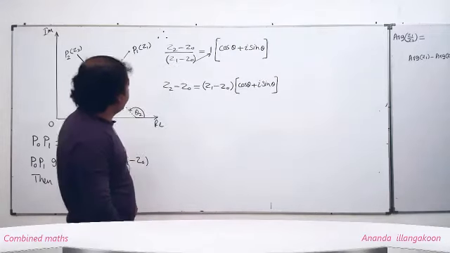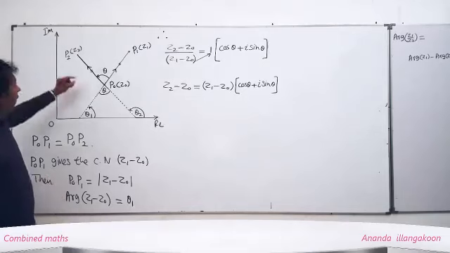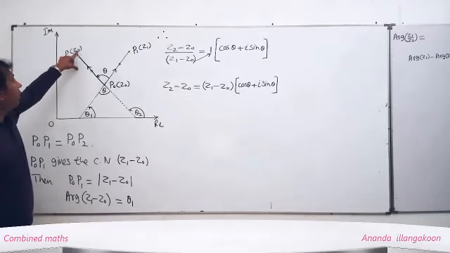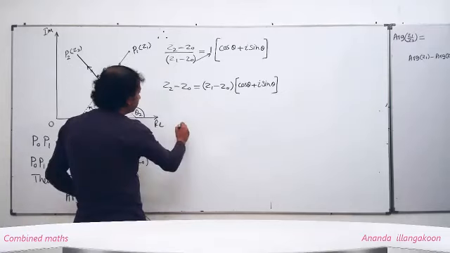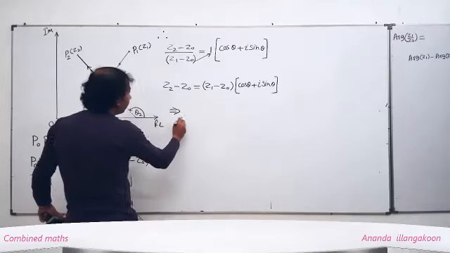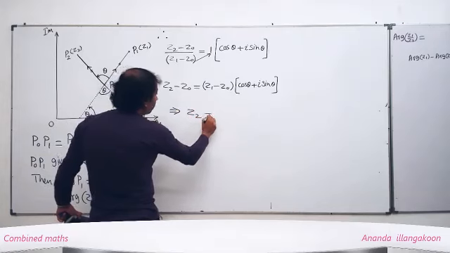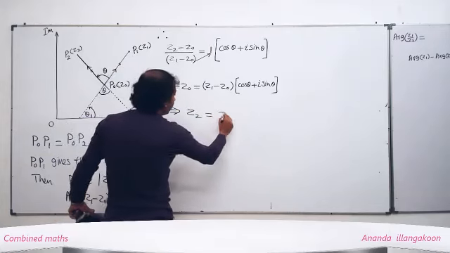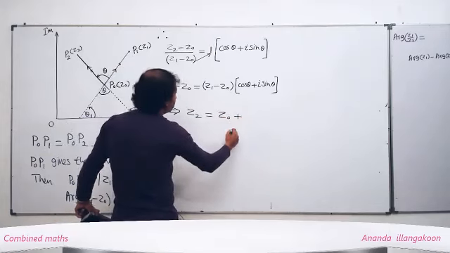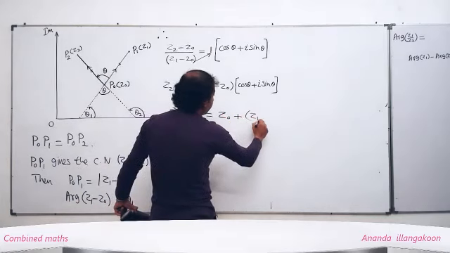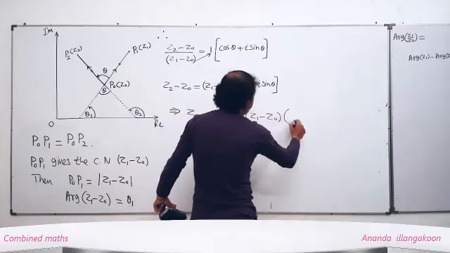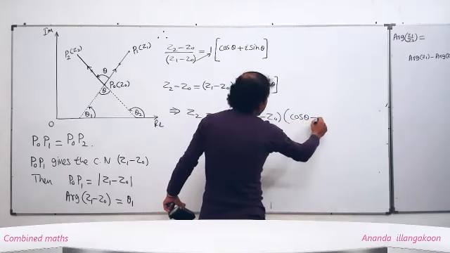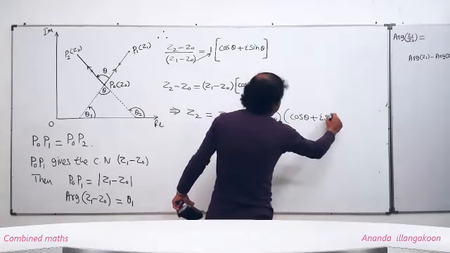Right. Then at the new position P2, the complex number Z2 can be expressed by this. This gives us what? Z2, bringing to the right hand side, equals Z0 plus (Z1 minus Z0) times (cos theta plus i sin theta).